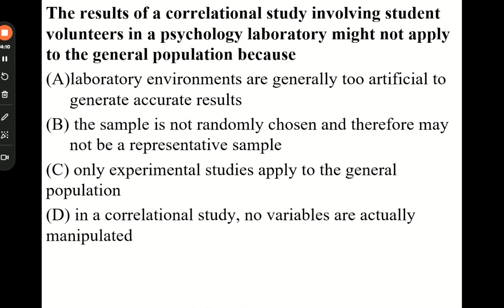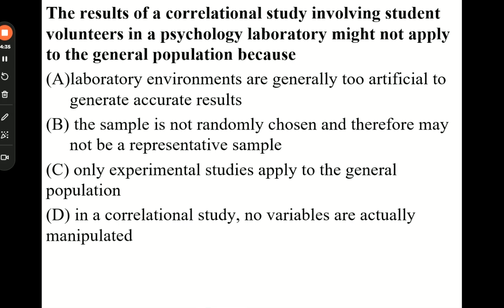So imagine this, you're a college professor and you tell your students, look, I got this study I need to do. I want all of you students to get down there and be a part of the study. But there's a problem with that. The problem is that having a bunch of college students is not the general population.